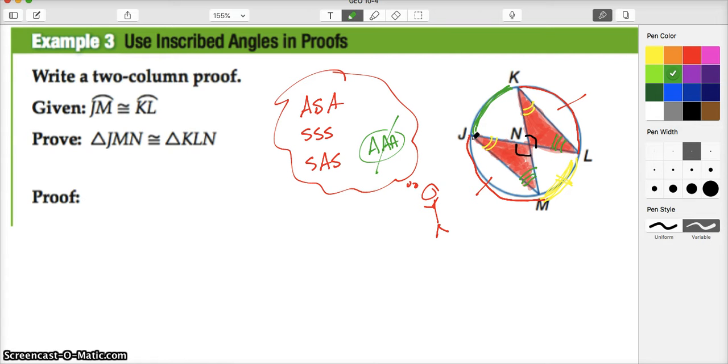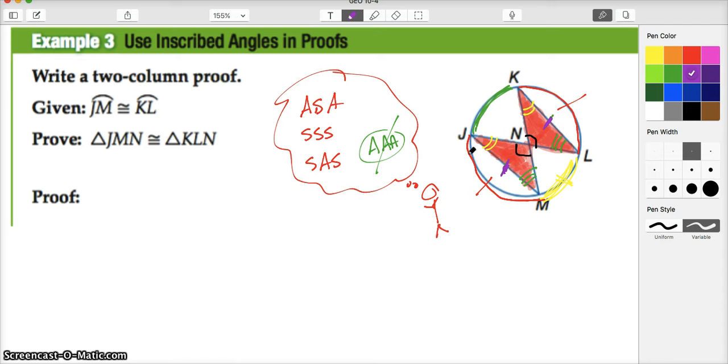I can't hear them. What I hope they're saying is this. The arc JM being equivalent to arc KL gives us not an angle that's equivalent, because there's no angles that really branch off from that are intercepted arcs, right? What we do get is that segment KL and segment JM, this is from the last section, when you have two arcs that are equivalent, the chords associated with those arcs within the circle are congruent.